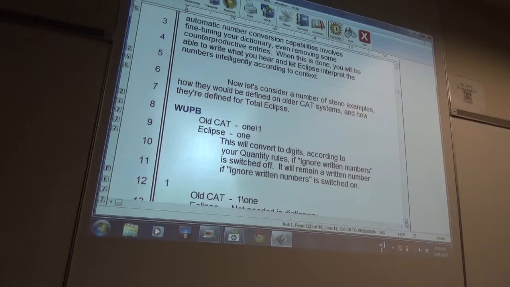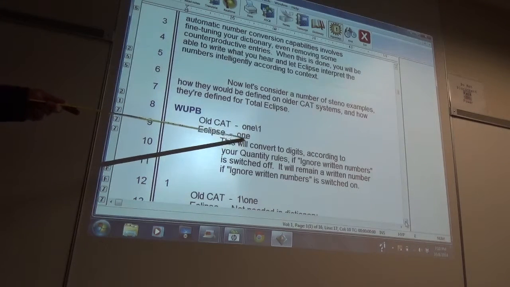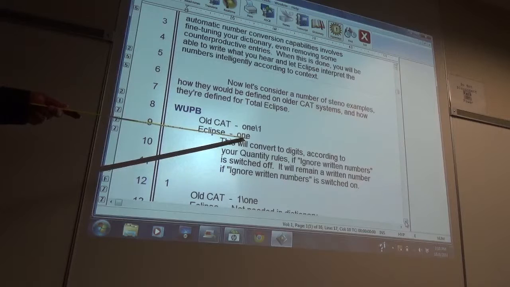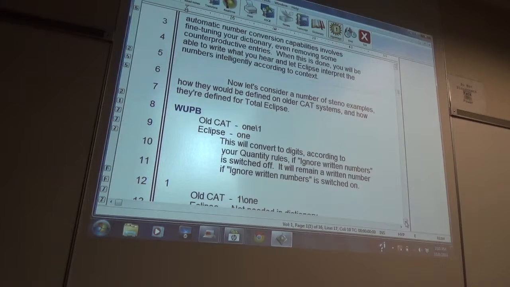In Eclipse, all you ever have to do is spell it out. That's all you have to do. If you're in the right user settings, and your dictionary is correct, Eclipse is going to do the rest. Okay? Does that make sense?